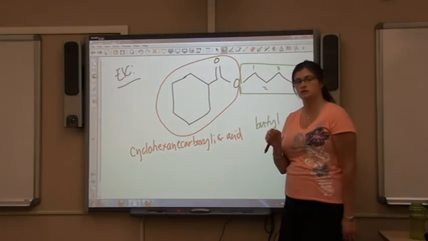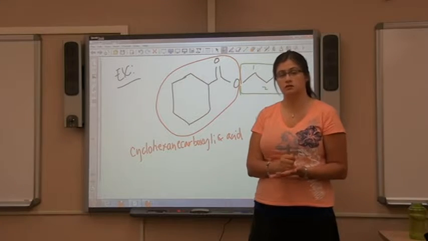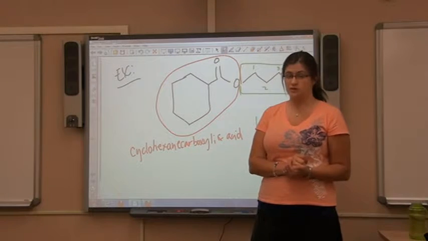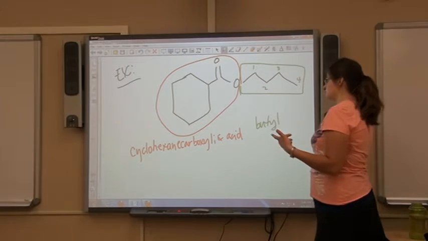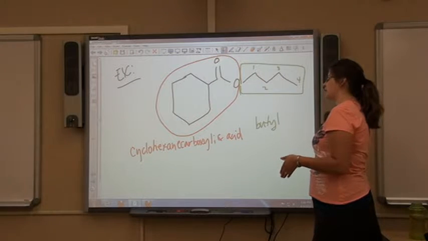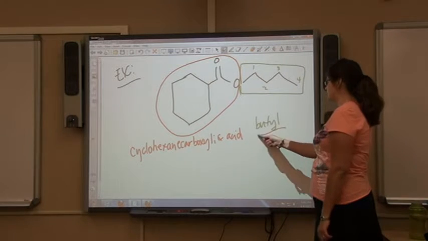Do you need the 1 in front of cyclohexane? No, because we are always assuming that that's going to be on carbon 1. Cyclohexane carboxylic acid. And add that butyl.